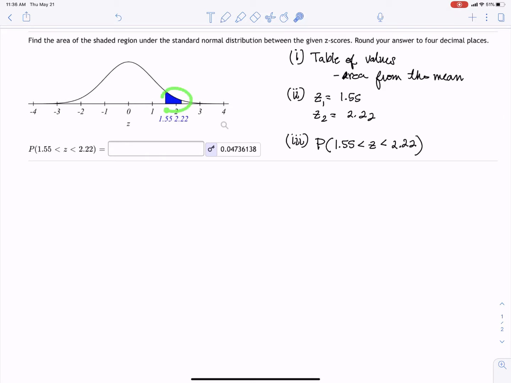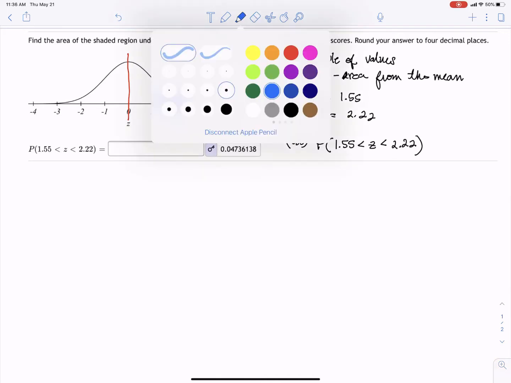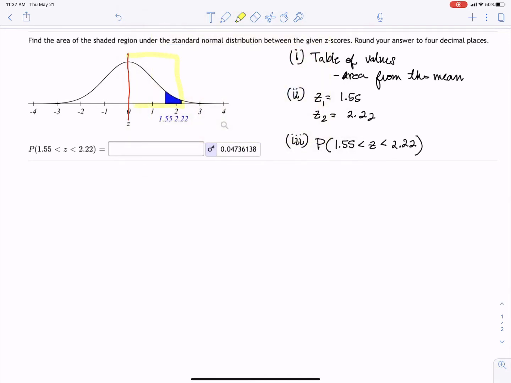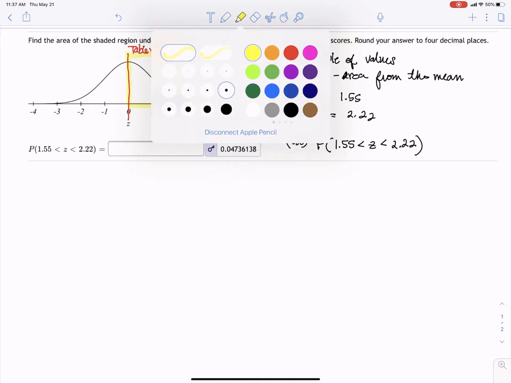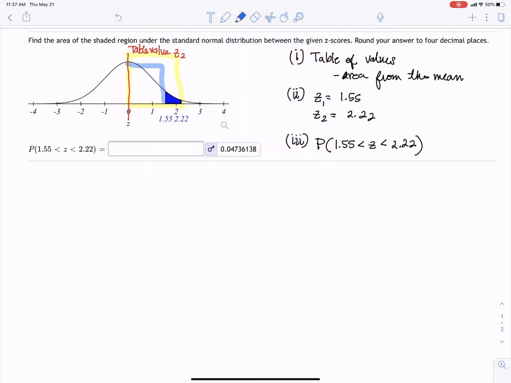that's away from the mean, we're going to have to use a little geometry here, because if the mean is right here at z equals 0, then this means that this area, the bigger area from the mean, will be the table value from z2, and if I can subtract the table value from the mean to the first z-score, so this is table value for z1, then I can get this piece that's in between, right?